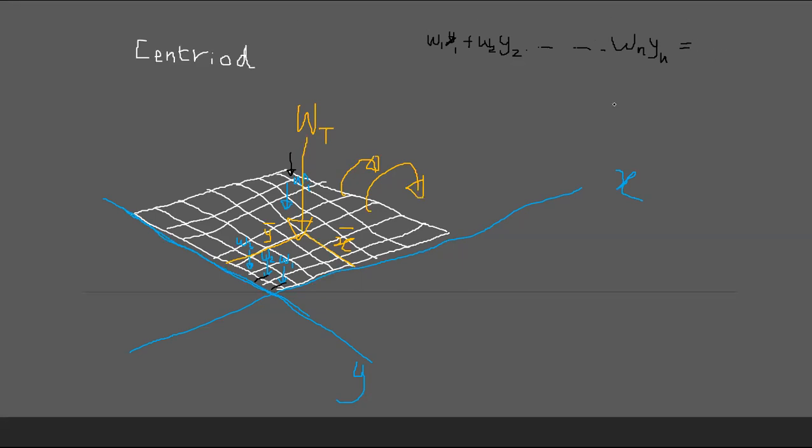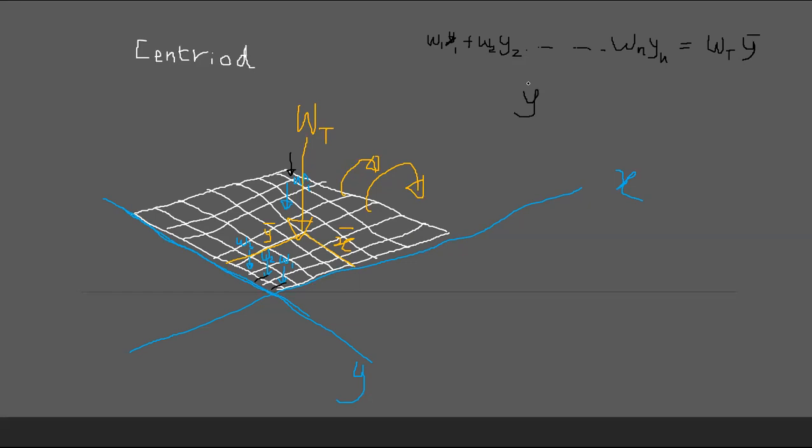So let's say the summation of the moments from the discretized elements is equal to the moments generated from the total element, right? So Wt, for that you have y bar, right?